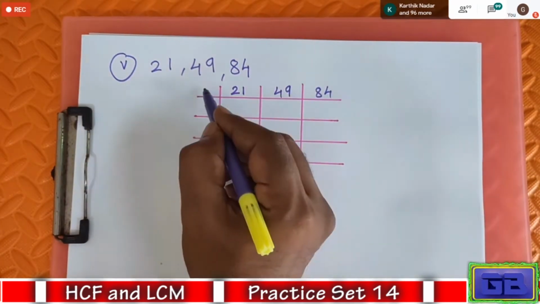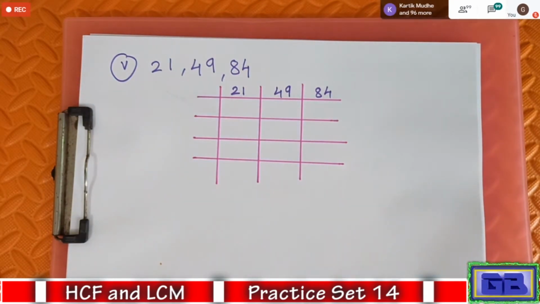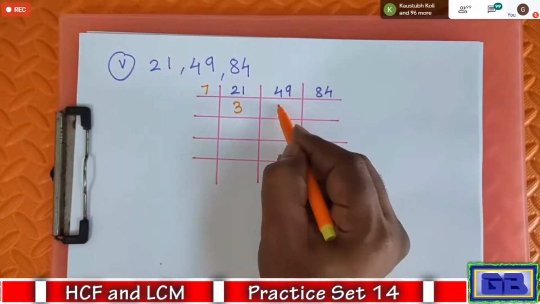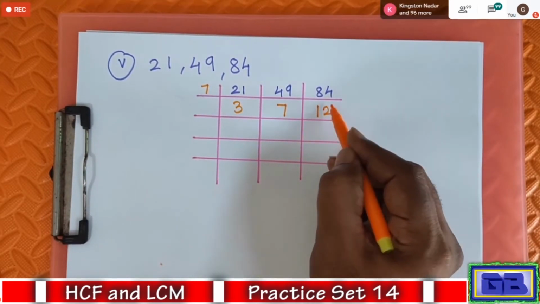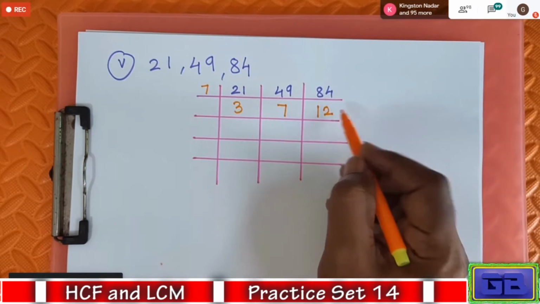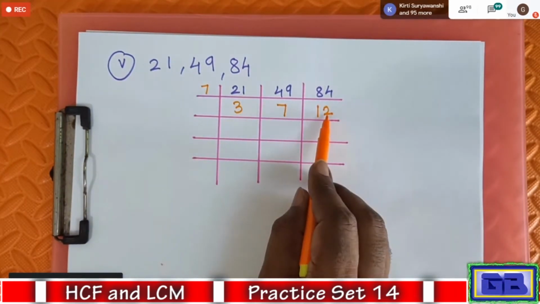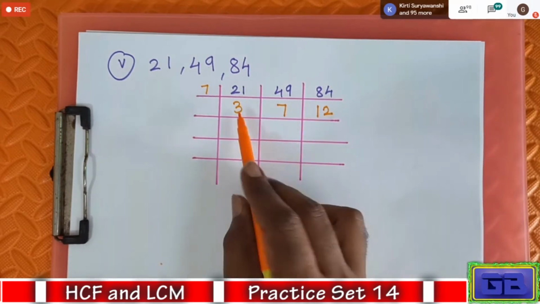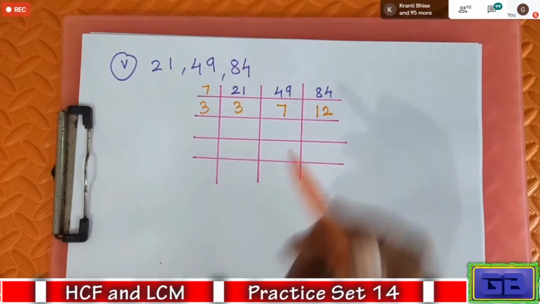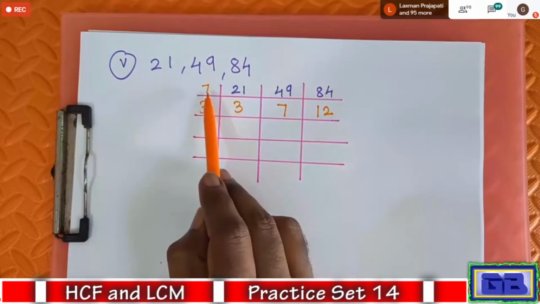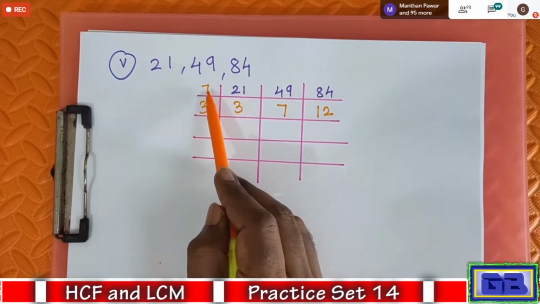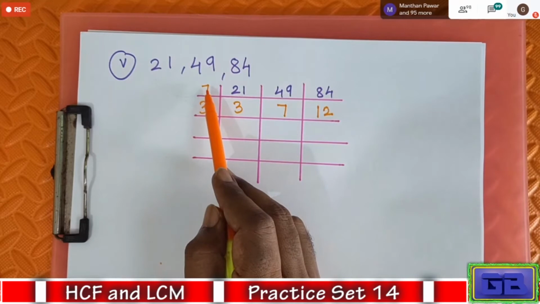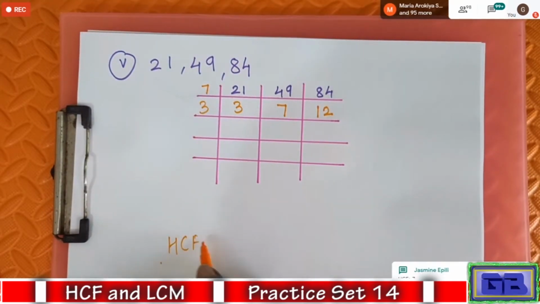So I will take 7 here. 7 threes are 21, 7 sevens are 49, 7 twelves are 84. Before that, you see 7 is the only common factor in these three. Therefore 7 will come as the HCF. So first you write down this HCF equals 7.